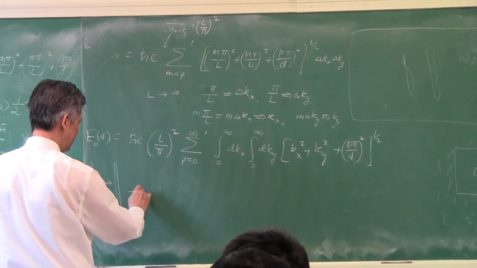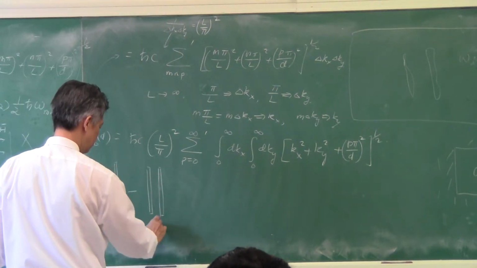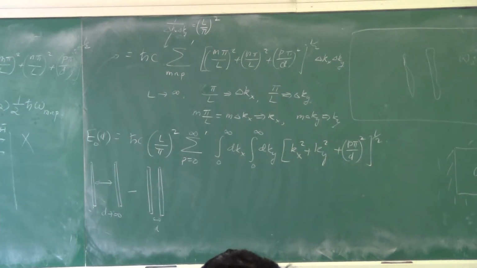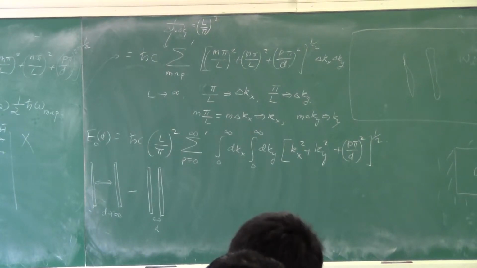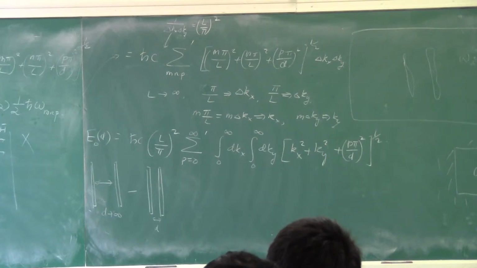We take these two and subtract them, hoping that the infinities will cancel each other. We are only interested in the difference. This is called the renormalization method. You encounter this in quantum electrodynamics and quantum electromagnetics quite a bit: divergent summations and divergent integrals. They don't have meaning, so we subtract two of them to get a finite result.